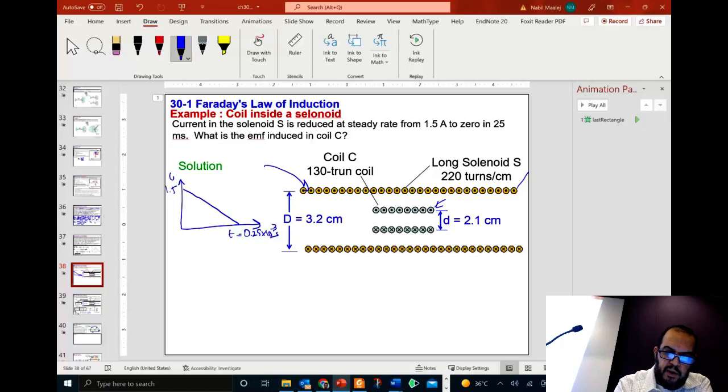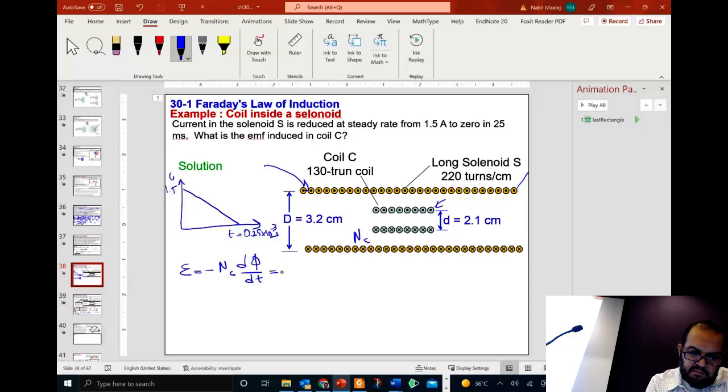Okay, so what do we need to do? We still apply the equation. We know that the induced EMF is minus the derivative of the flux. So let me multiply it by N, and this is now N_C. So it's minus N_C times the derivative of the flux through one coil with respect to time. In order to determine the flux through one coil, I have to determine the magnetic field.